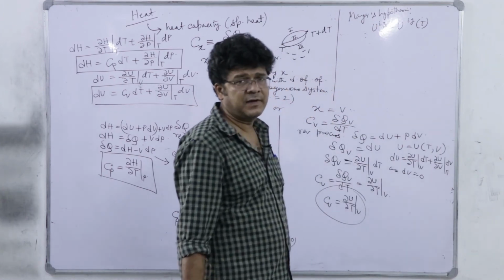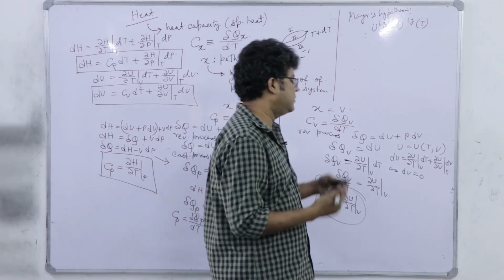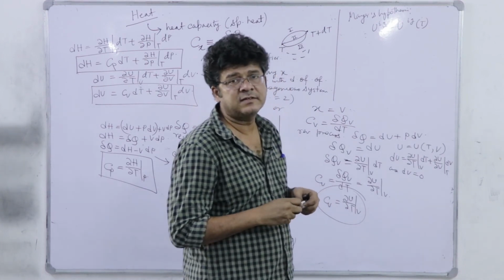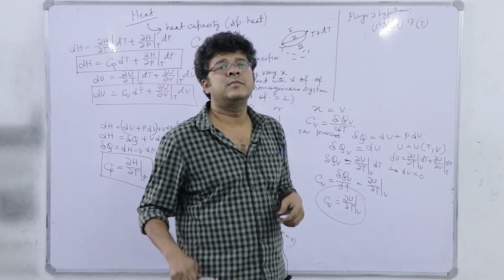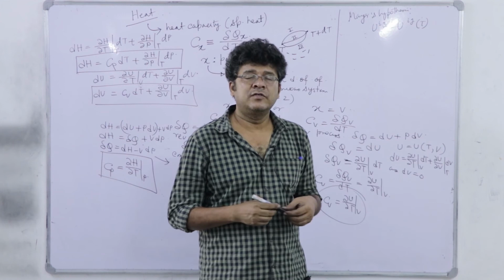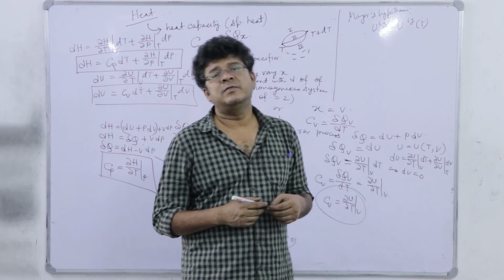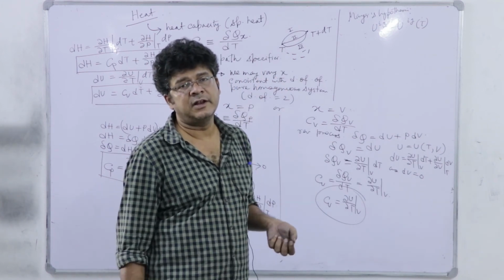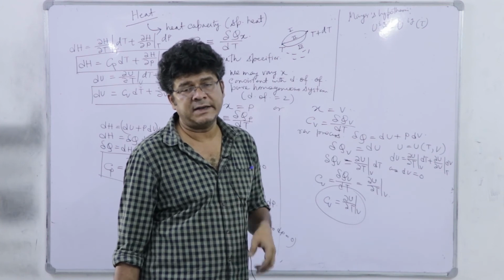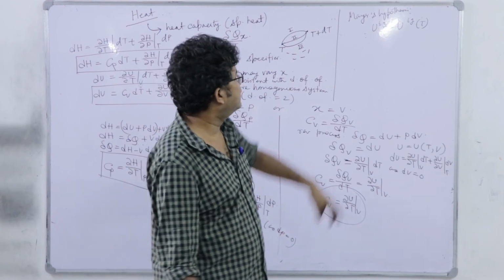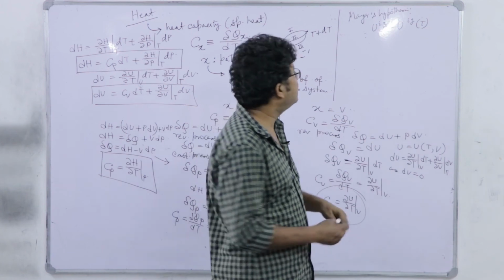Nowadays we can justify it, definitely after kinetic theory was proposed, from the relation of kinetic theory, which states that capital U is equal to 3 by 2 RT for an ideal gas, right. So it's a function of temperature only.